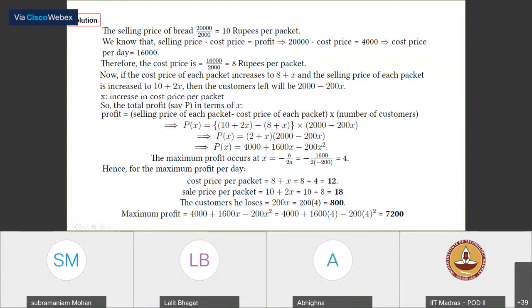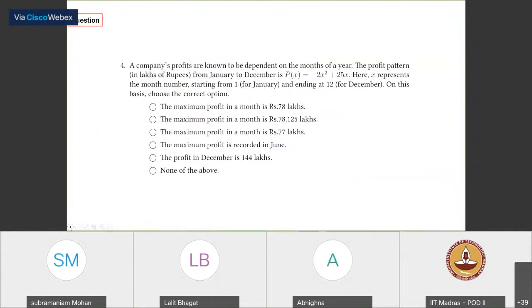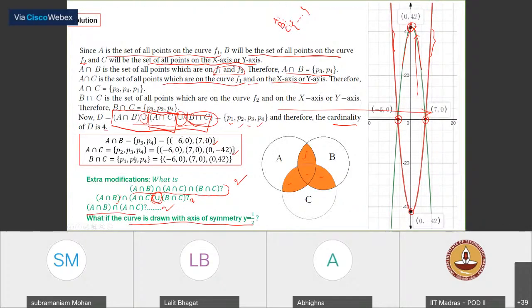The task should be to think and reflect on what other variations can be made with that question. That is a thought process to be nurtured. If one particular equation is given, can we modify it to make more questions? Each of these questions can be 1 mark, 1 mark, 1 mark, something like that.